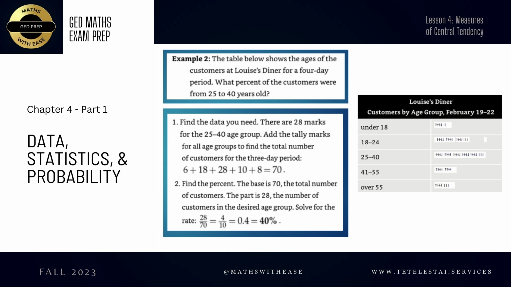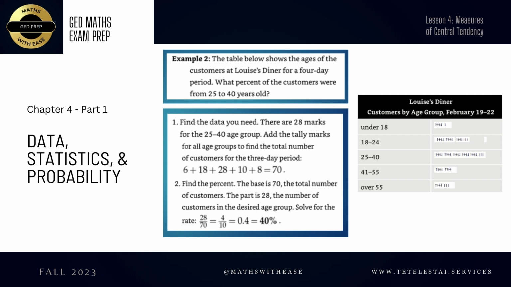So this question is asking us to find the percentage of customers that are from 25 to 40 years old, right? And we've already counted here, we know that the number of customers is 1, 2, 3, 4, 5. 5 times 5 is 25 plus 3, 28, okay?